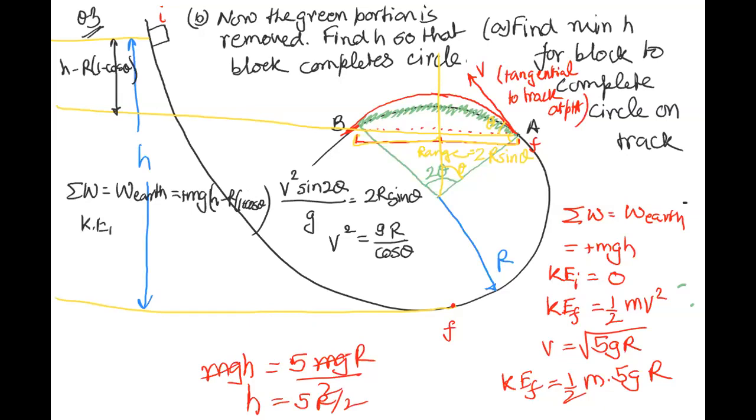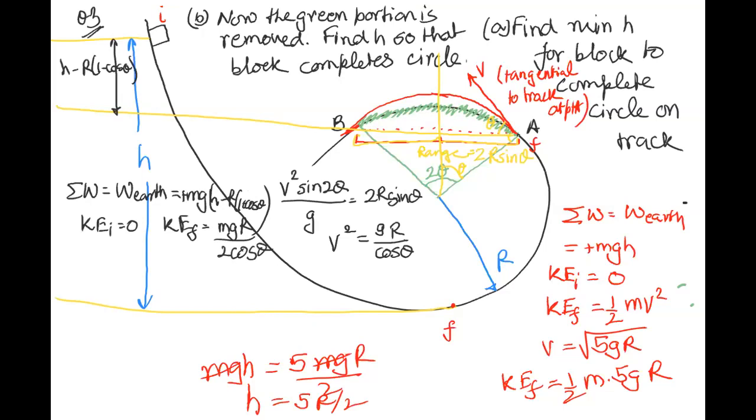Initial kinetic energy is 0. Final kinetic energy is half mv square, which is mgr by 2 cos theta. Right.